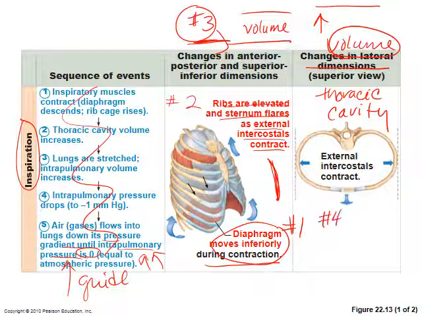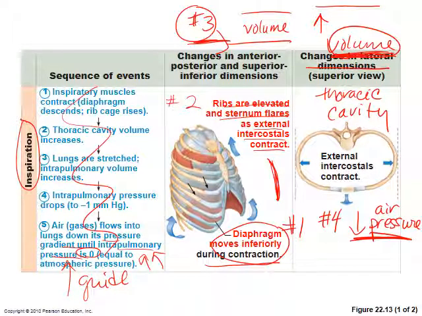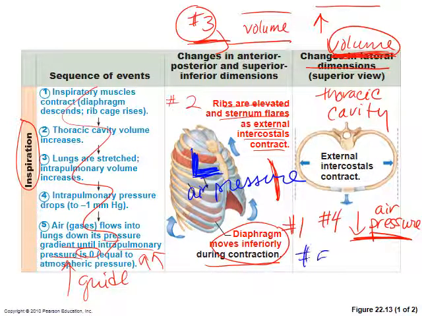Then number 4, if you increase the volume, what happens to pressure? They're talking about air pressure inside this cavity. So if the volume increases, what happens to the air pressure? It decreases. So now inside the lungs, you have low air pressure. What's the next thing that's going to happen? Number 5. What's out here? Here's oxygen out in the air.